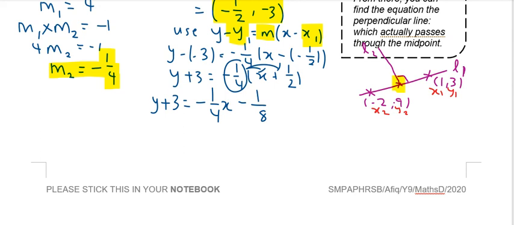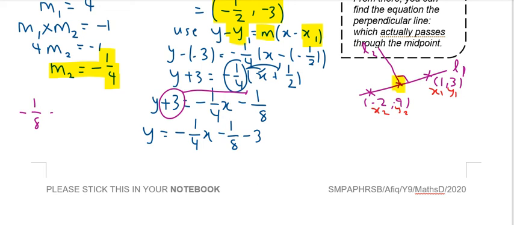And then proceeding from here, your positive 3 becomes negative 3 from the left side to the right hand side. So negative 1 quarter x minus 1 eighth minus 3. Now let's do side working. Negative 1 out of 8 minus 3. When you have a denominator of 8, 3 times 8 will be 24, right? 24 out of 8 is 3.